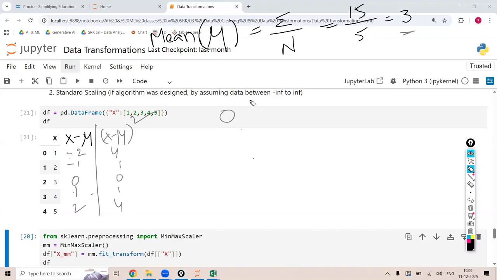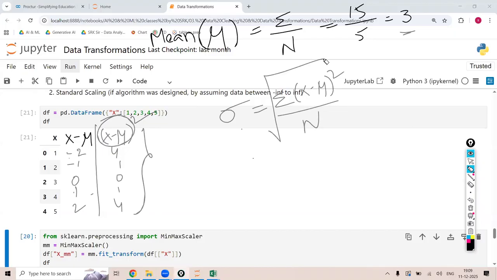Now the standard deviation formula is the sum of this column, x minus mu whole square, divided by n, square root. This is called standard deviation. Now what is the sum of this column? 10. Sir, can I cancel this one, this one?